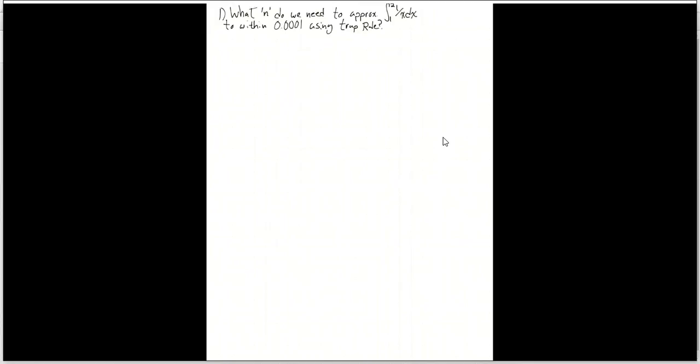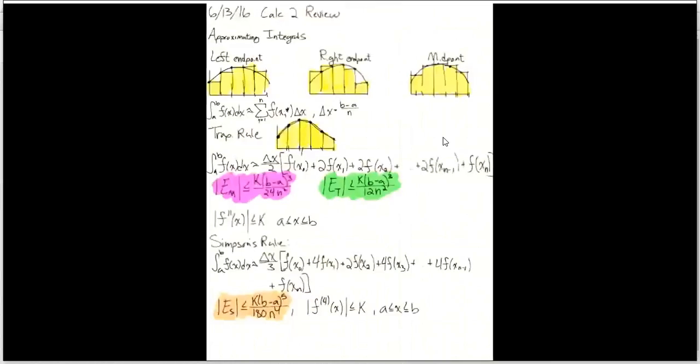The very first thing we need to do is write out our function. So f of x in this case is 1 over x. The next thing we're going to need is those derivatives up to the degree that we want. In this case, we're using trapezoidal rule, which is the one in green on the other page, and that k only needs the second derivative.